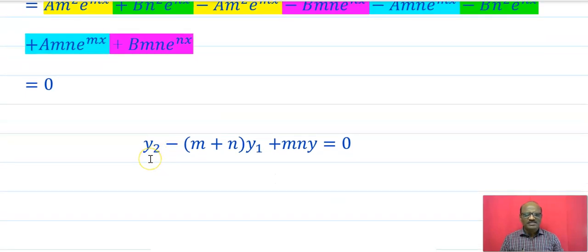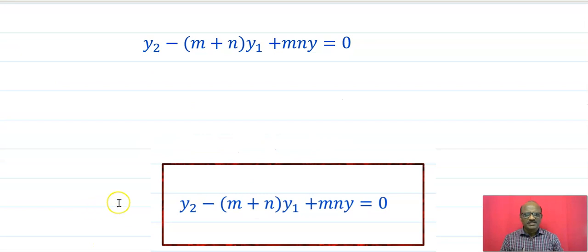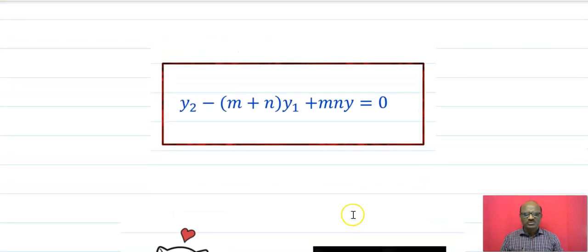Therefore y2 minus (m plus n) into y1 plus mn y is equal to 0.